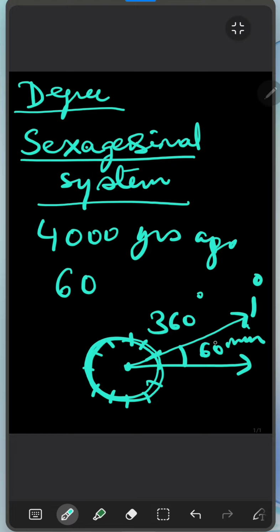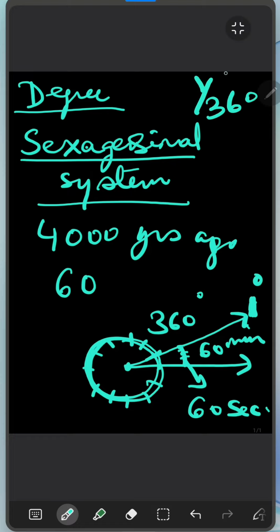When we divide this 1 degree into 60 equal parts, okay, this 1 degree is equal to 60 minutes, and again if we divide this 60 minutes into 60 parts, then each part is equal to 60 seconds. Understood? So this one part of 360, which is 1 over 360, is known as 1 degree.